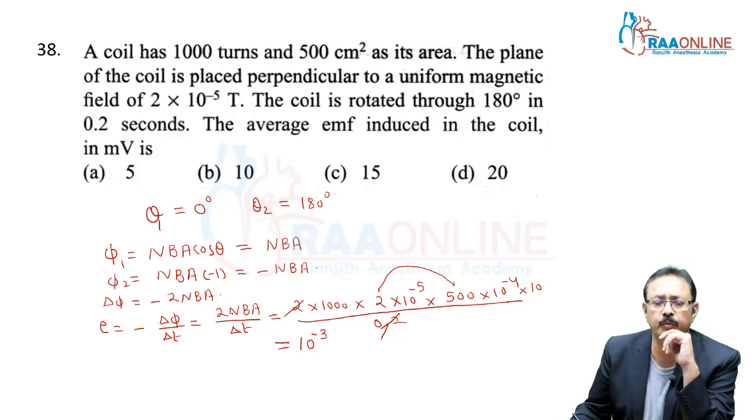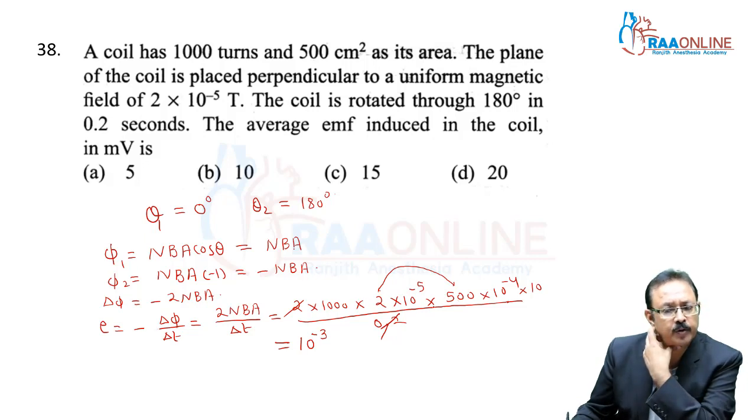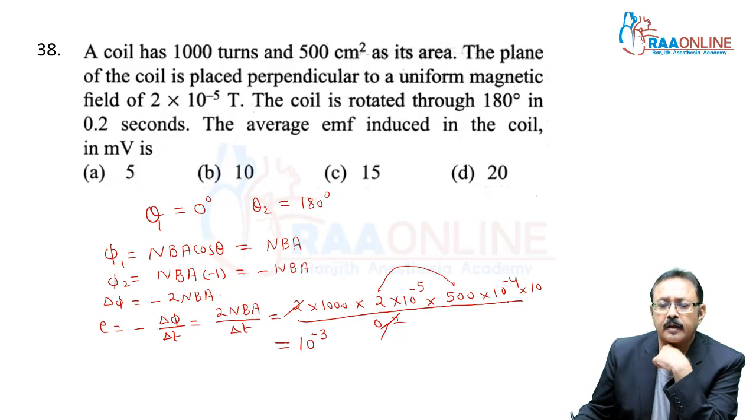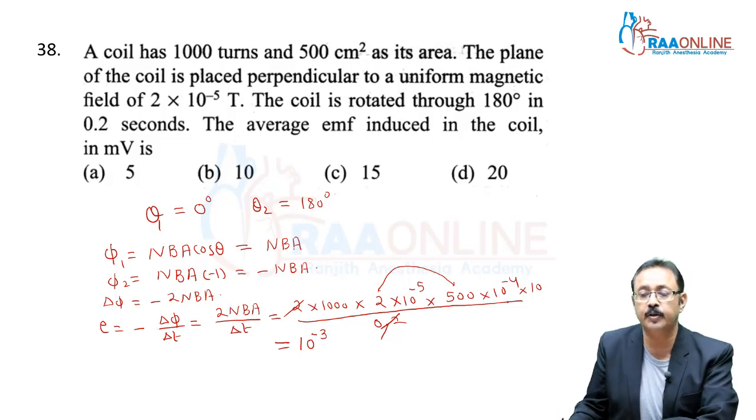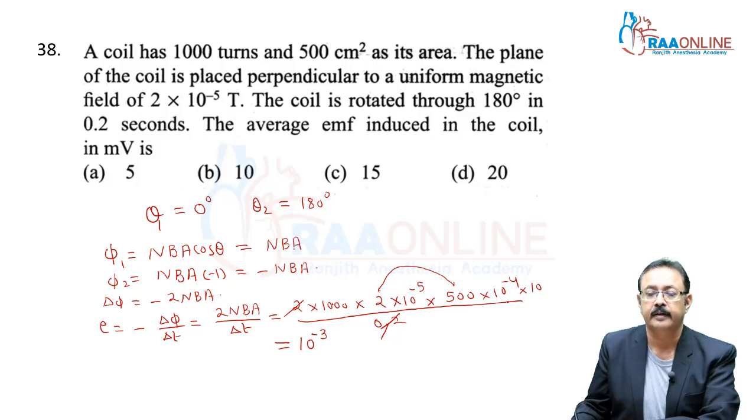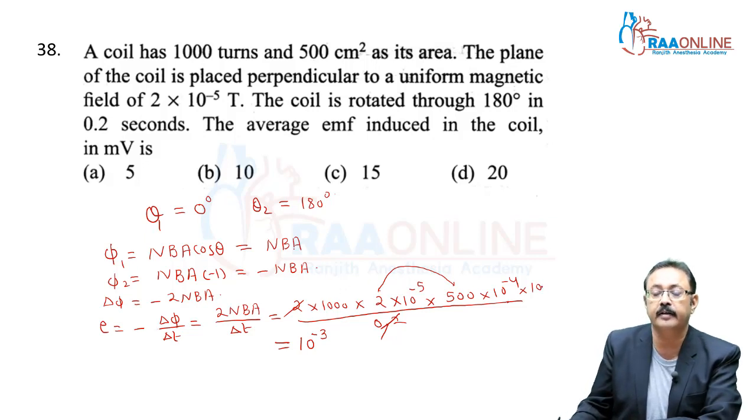So 2, this 2 and this 2 from B, A, 500 into 2000, 1000 into 1000, 10 to the power 6, 6 and 1, 7. 7 zeros we are getting positive. See, 3, 3, 6 and this one, I forget this, 7. 7 plus 9 minus. So what we are getting?